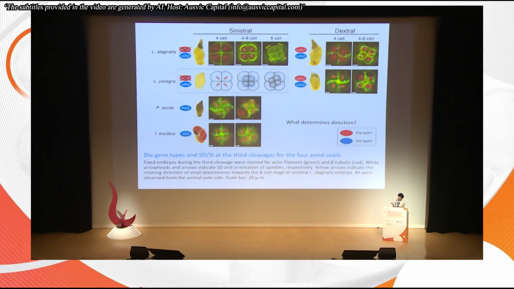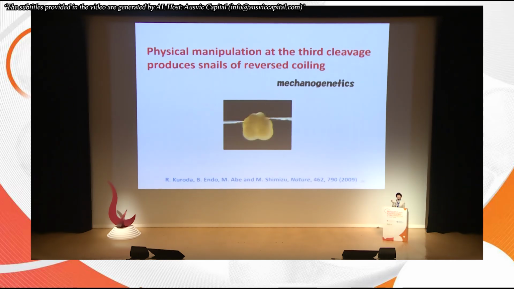And we checked another snail, Physa acuta, sinistral only, which also has only the type 2 one. But this is with tampered genes. Another exciting thing is mechanogenetics.